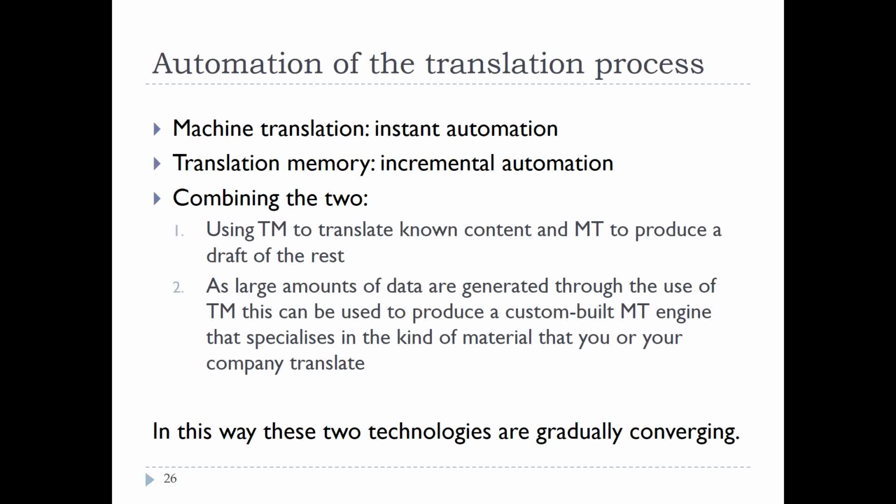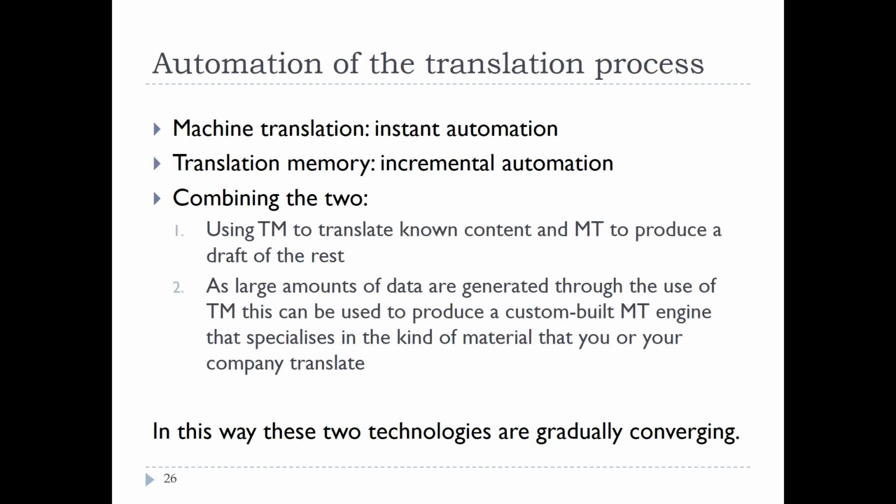The larger the TM gets, the more useful it becomes. When you combine the two, you're using TM to translate the content that is already known, and then machine translation to produce a draft of the rest of the text, which isn't perhaps contained in the TM.